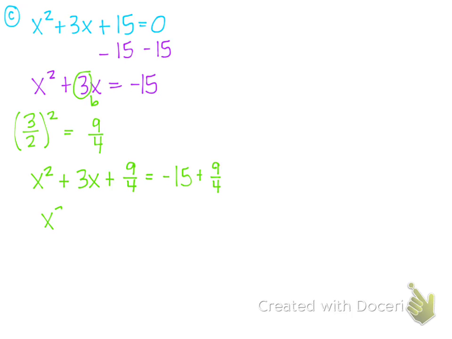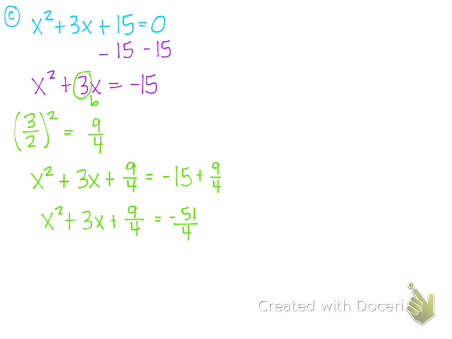So x squared plus 3x plus 9/4 is equal to, and we have negative 15 plus 9/4. Now, what we get here, if we leave it as a fraction, is negative 51 over fourths. Negative 51 fourths.